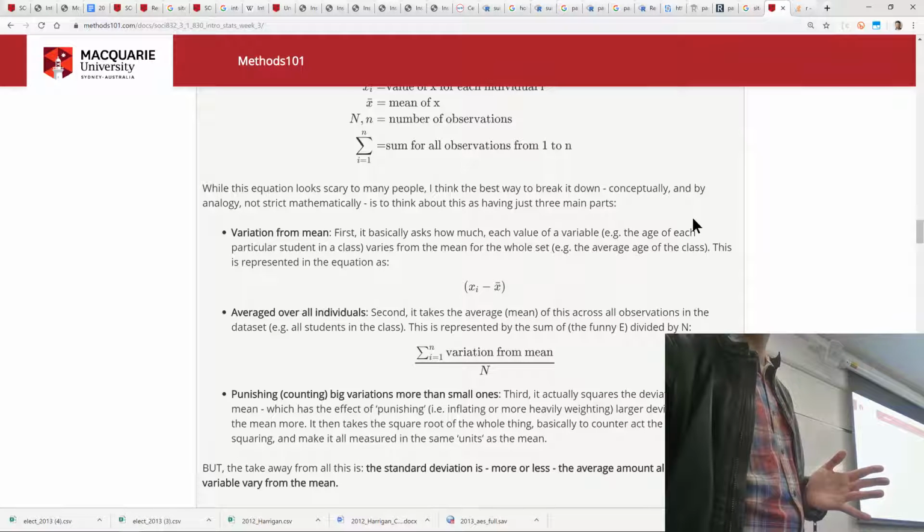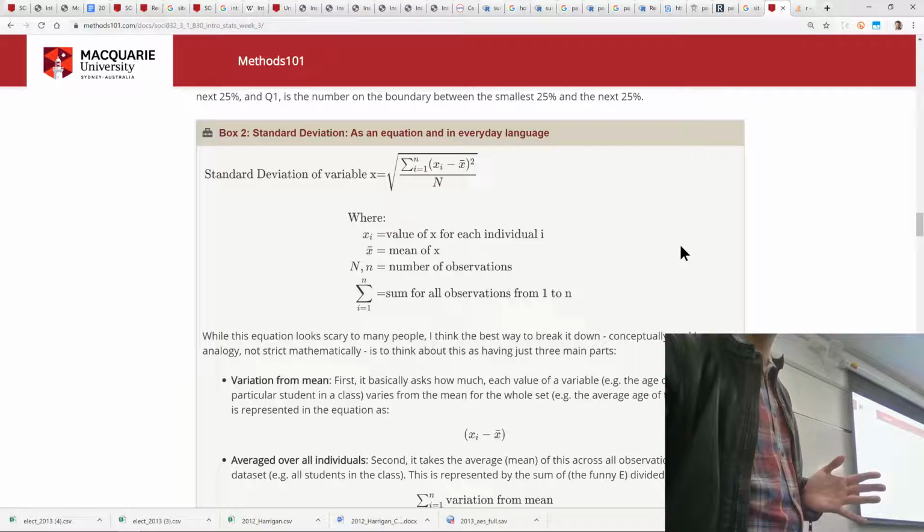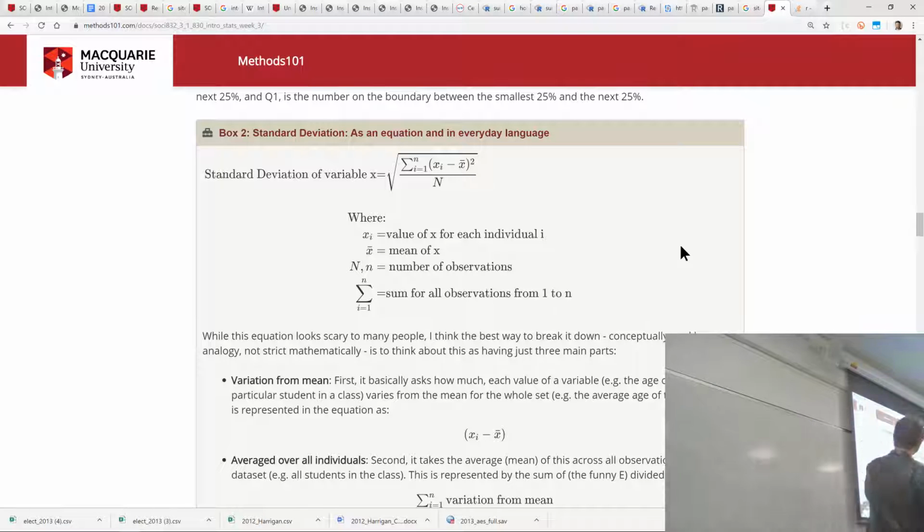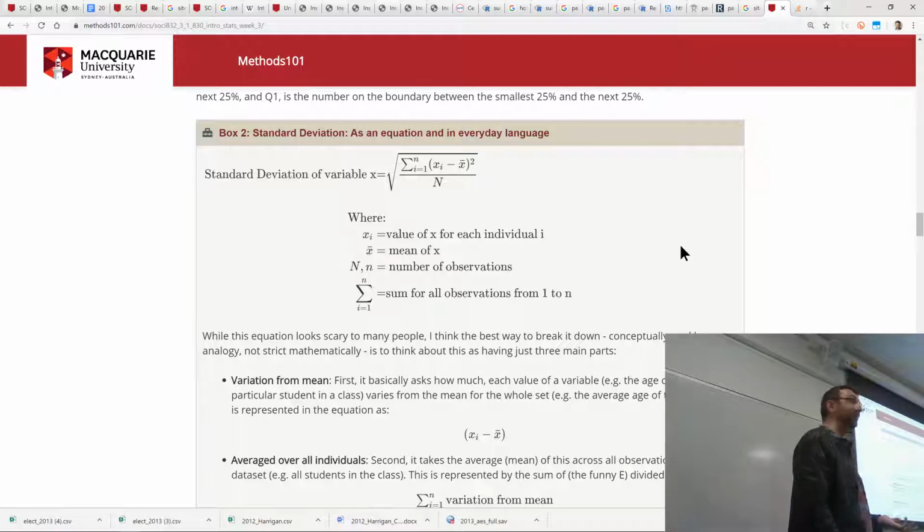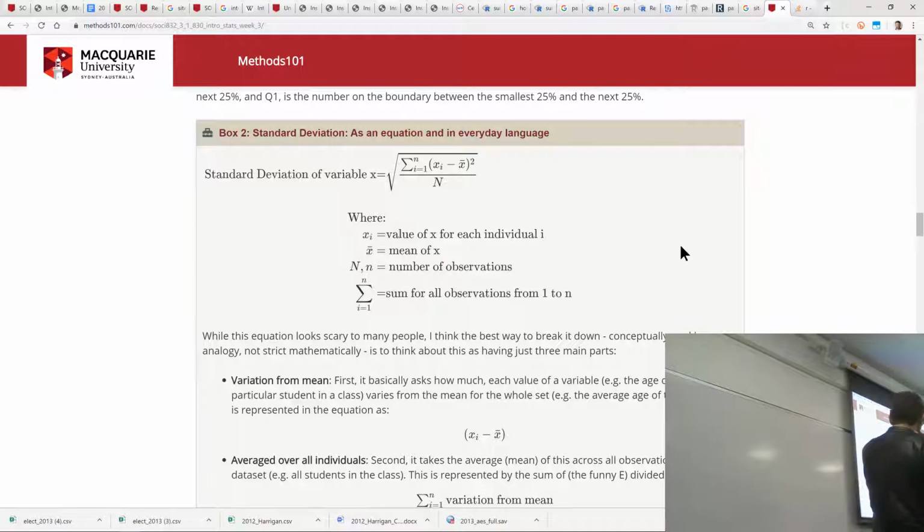I think that the main thing to note about it is that because there are these squares and these square roots, everyone just assumes I can't make intelligent meaning out of it. I just give it to a computer to do. Right? Am I right? Am I brutally right? Okay. But what I want to say is that you can kind of abstract out those things if you think it through.